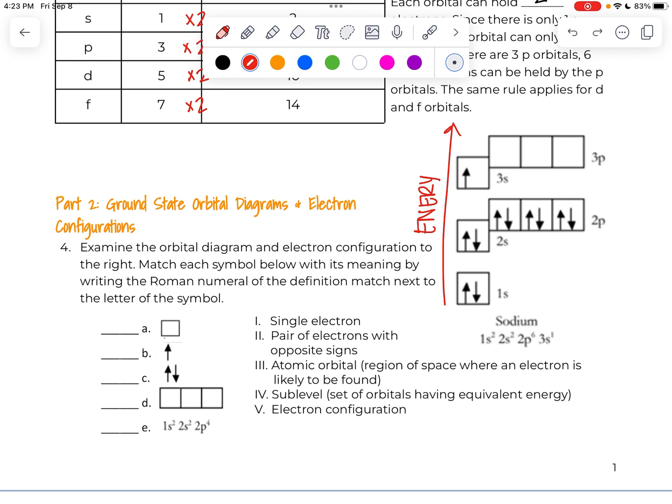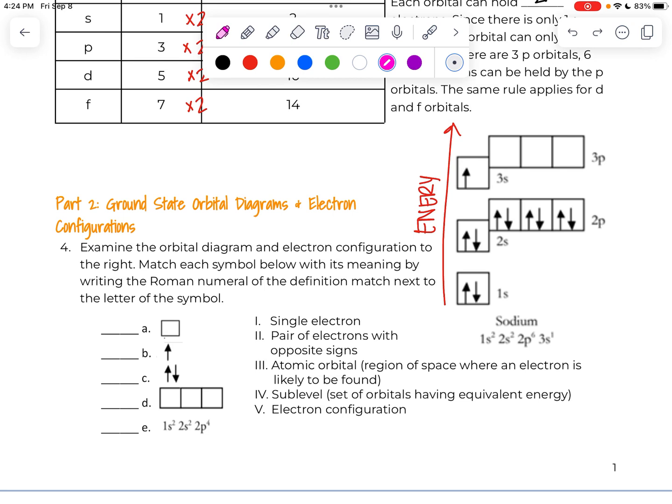Okay, so if I take a look at this diagram, first thing that I notice is that there are these arrows up and down in each of these boxes. Remember here that we're talking about electron location. So what that clues me into is I think that each of those arrows represents an electron. So for letter B, I see the single arrow.